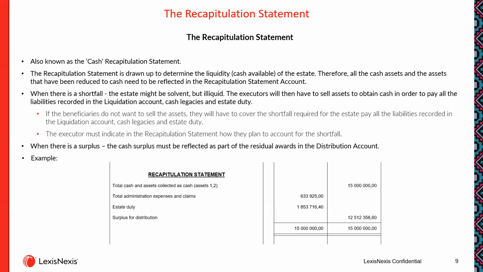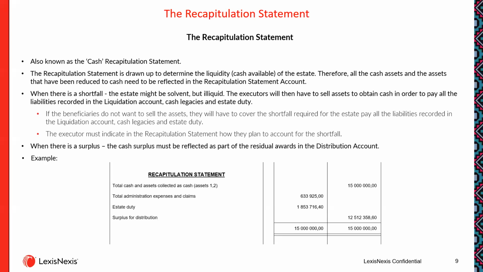Where there's a surplus, in other words, we have more cash available than we have liabilities in the estate, the cash surplus must be reflected as part of our residual award in our distribution account. So the surplus will then be awarded to the beneficiaries in our distribution account.